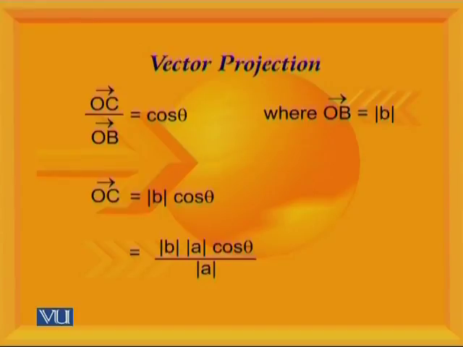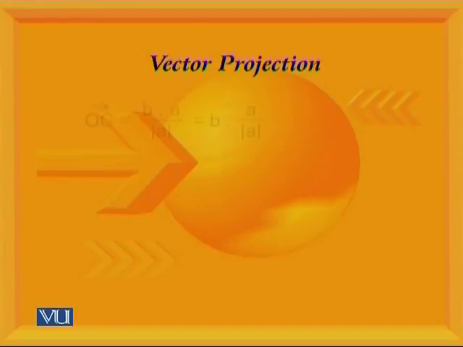So we have B dot A whole divided by magnitude of A, and we can write it B dot A divided by magnitude of A. A divided by magnitude of A is the unit vector in the direction of the vector A. So the formula we have got is that whenever we want to find the projection of vector B in the direction of a vector A, then find the dot product of B with the unit vector along the direction of A. So this is the scalar projection.